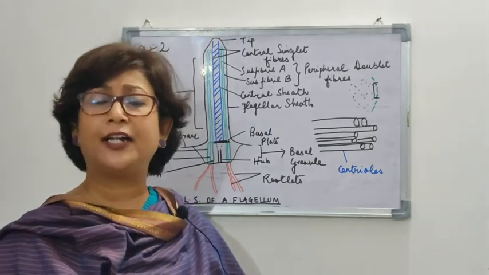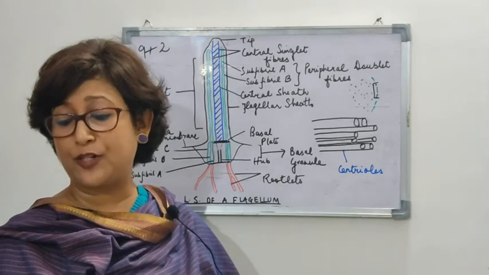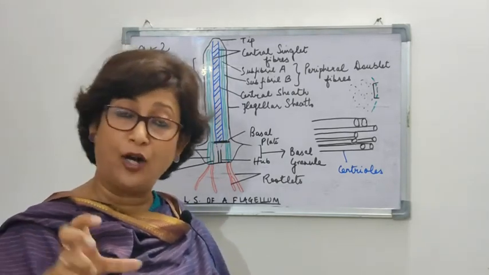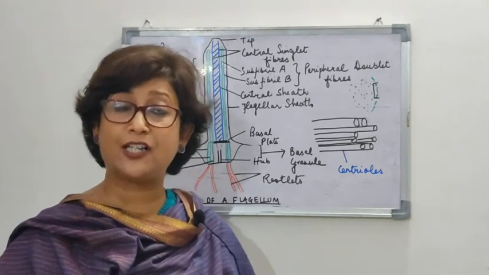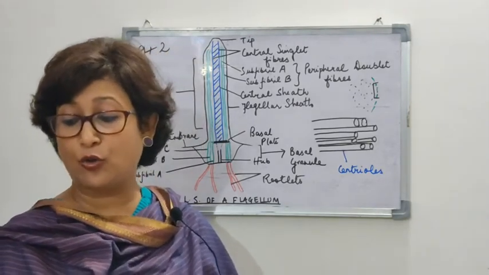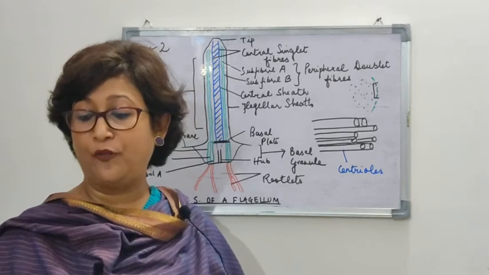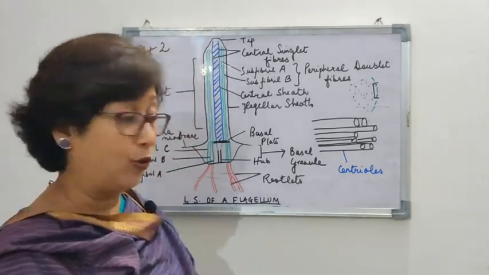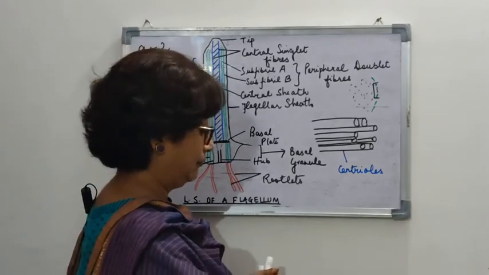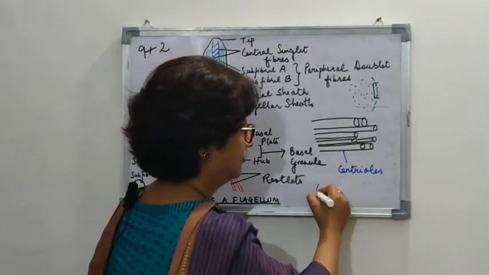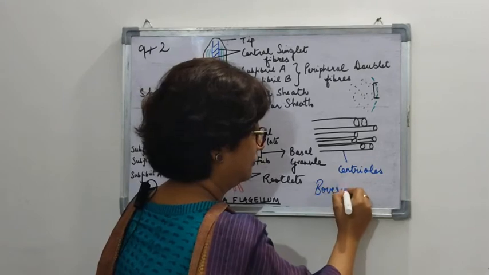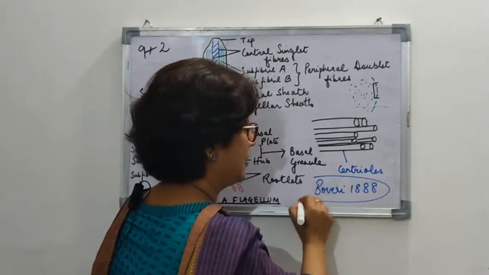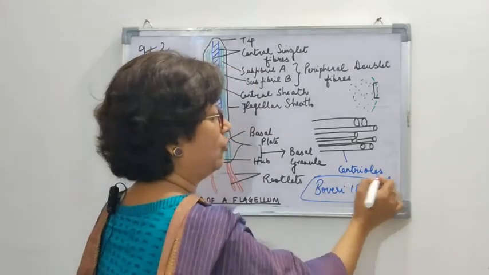It however may contain a few fibrous materials, and the complex of the centrosphere along with the centriole together is known as the centrosome. Boveri in 1888 called it the centrosome.